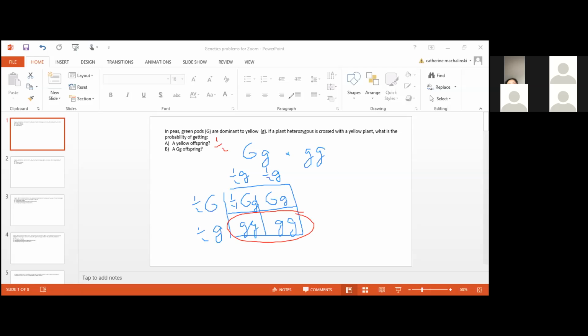And then the other question asks for the probability of a big G, little g, and the probability of that is also 2 out of 4. Okay, yellow probably wasn't the best color to use, a little harder to see, but you get the point. So big G, little g would be a half, yellow would be a half, and so on. So again, all you have to do is figure out the genotypes of the parents and do your Punnett square.